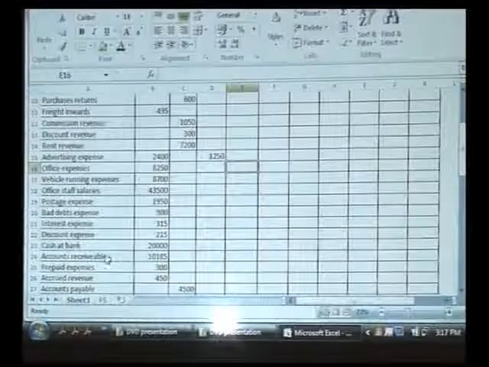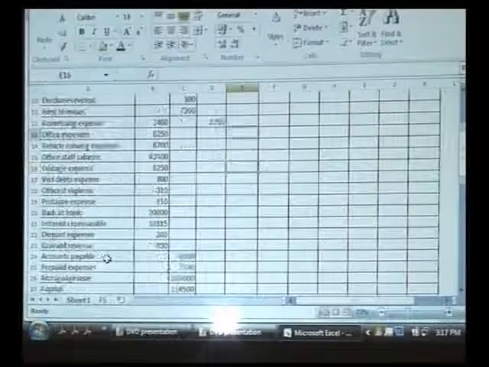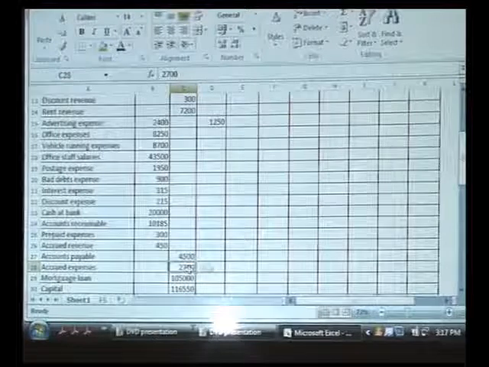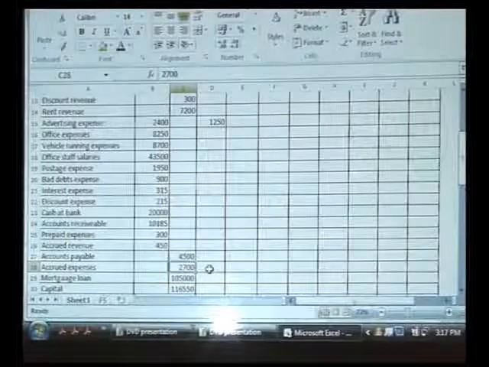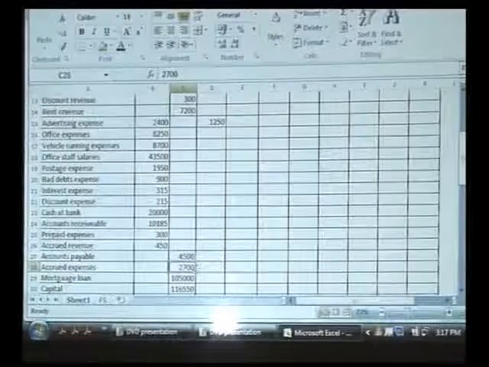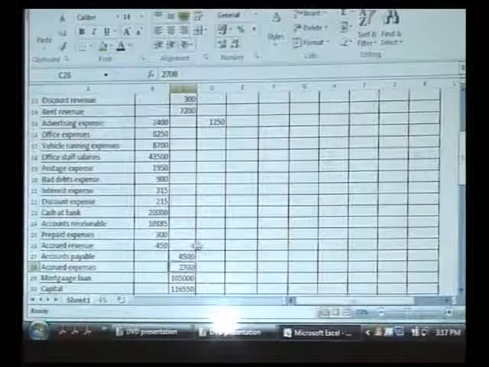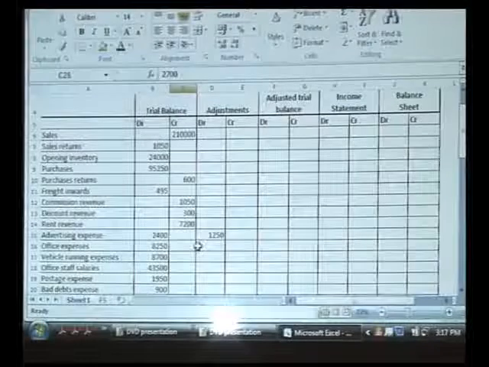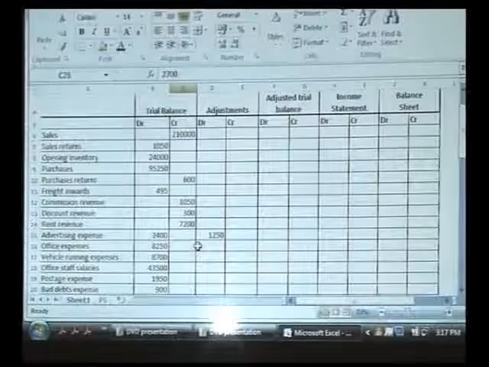And check whether any accrued expense account is there in your trial balance. Yes, it's here, 2,700. Accrued expense is given as part of the trial balance, and the accrued expense includes advertising expense 1,200 and interest expense 150.